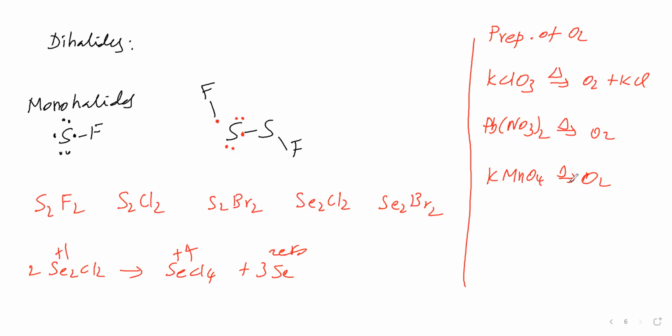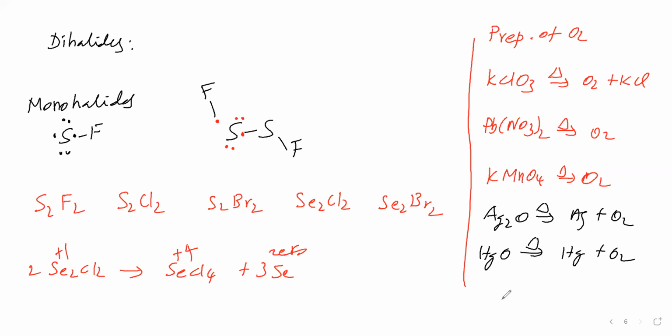Next one is thermal decomposition of metal oxides. Some metal oxides on thermal decomposition give metal and oxygen. Silver oxide is easily decomposing to give silver and oxygen. Mercuric oxide easily decomposes to give mercury and oxygen.